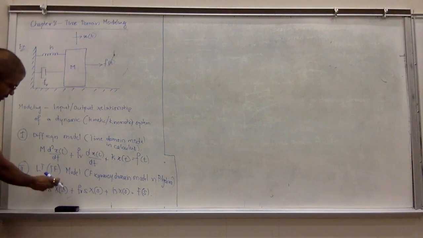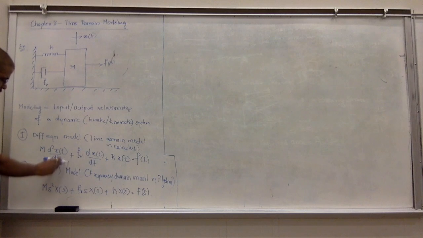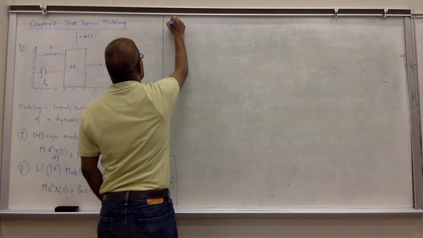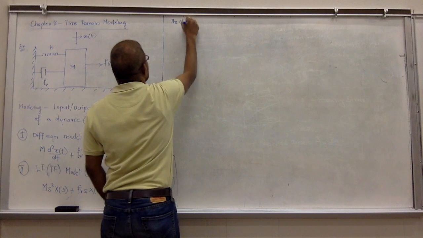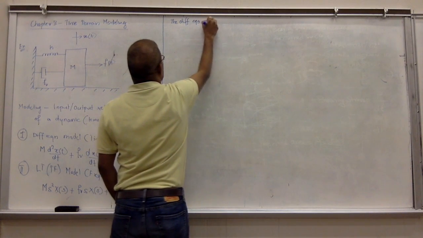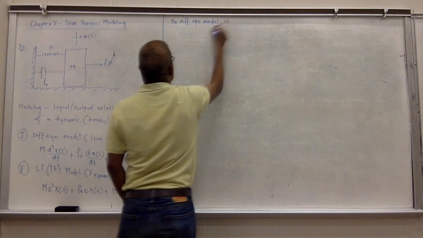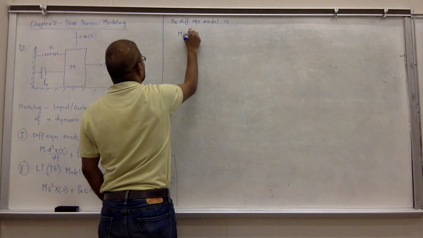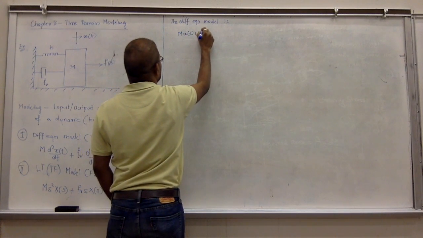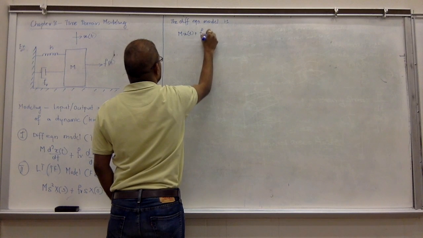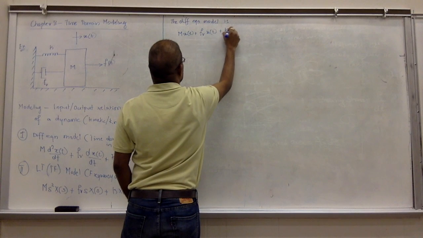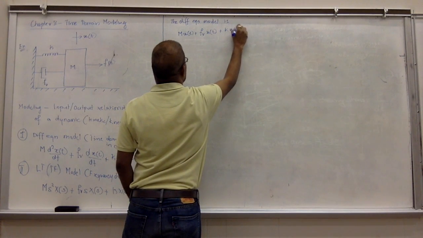So we take the differential equation model, m x double dot plus f b x dot of t plus k x of t is equal to f of t.